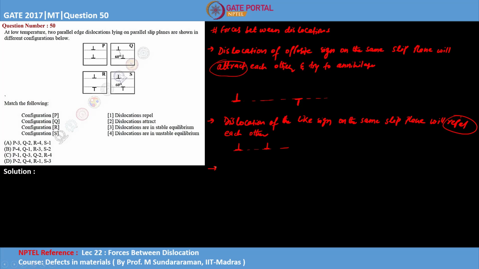So the third case, let's say we have unlike dislocations, and they are on closely spaced slip planes.